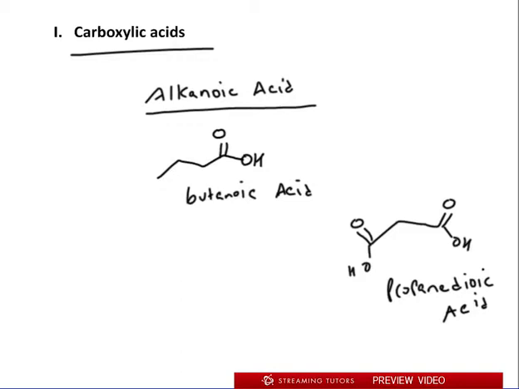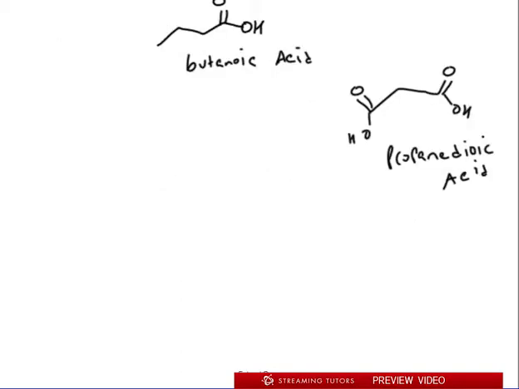So you can have dioic acid, you can have trioic acids, but really dioic acid is what we need to know for this chapter, and we'll leave it at that. So we have alkanoic acids or dioic acids. Now, let me give you one example. Let's say you have a carboxylic acid, and over here is a hydroxy group, and over here is a carbonyl.